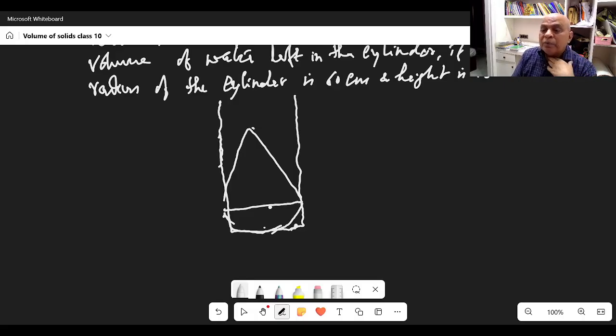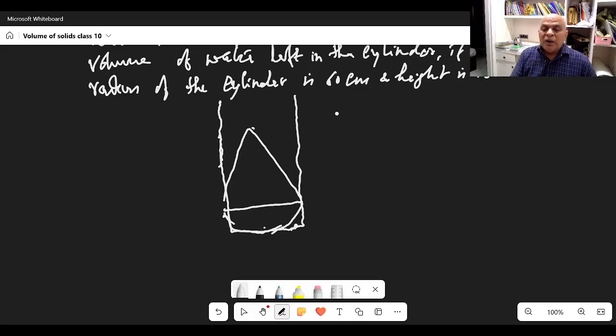Once we know the volume of the cylinder, then we will find the volume of this system, cone plus hemisphere, and subtract it, because the system will displace water equivalent to its own volume. That will come out. So we have to find the two volumes and then only we can find the result.